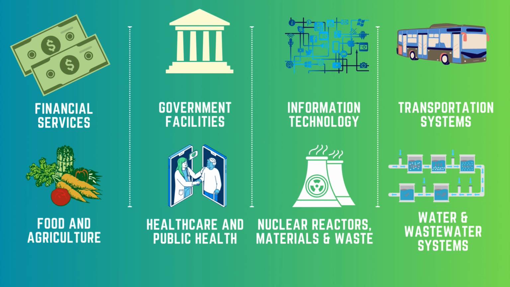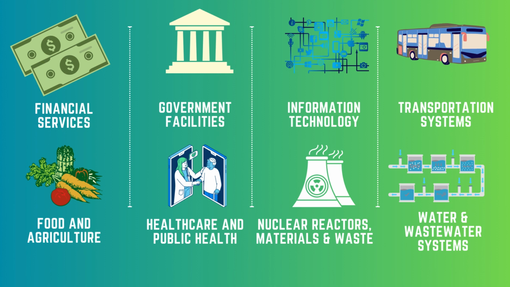The nuclear reactors sector is all the nuclear reactors of the country, which provide electrical services, and the nuclear program of the country, which is run by these sectors. So the nuclear reactors, materials, and waste sector is linked to the nuclear reactors. Then there is water and wastewater systems.